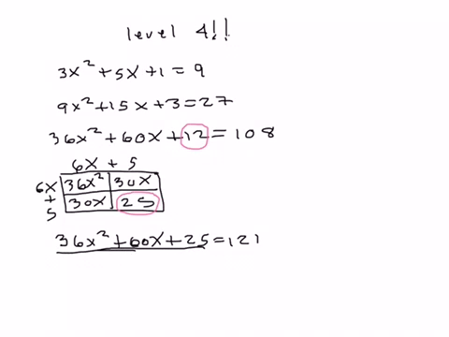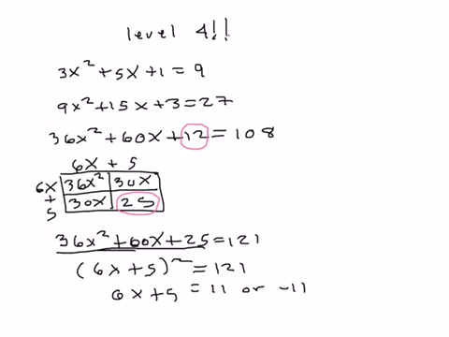So we get 6x plus 5 quantity squared equals 121, which means that whatever's inside there has to equal either 11 or negative 11. What's inside there? Well, 6x plus 5.